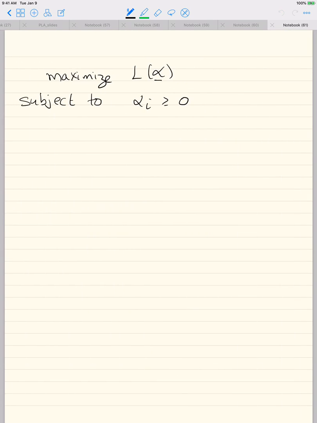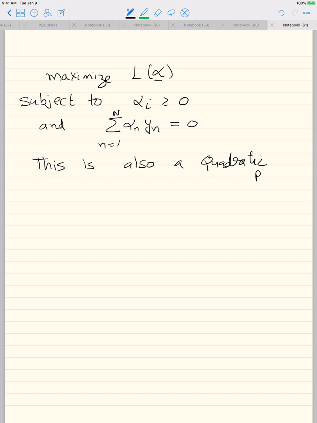So we now have to add this constraint. It turns out that this is also a quadratic program.